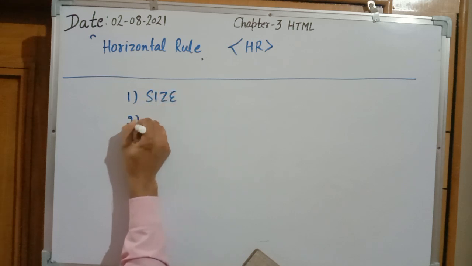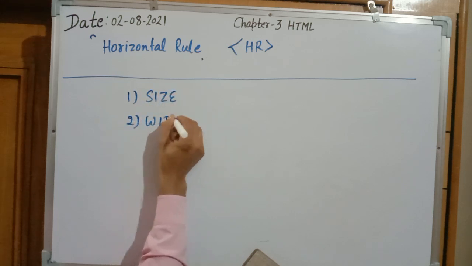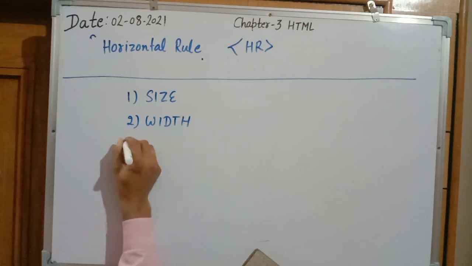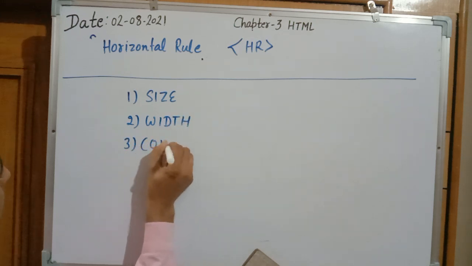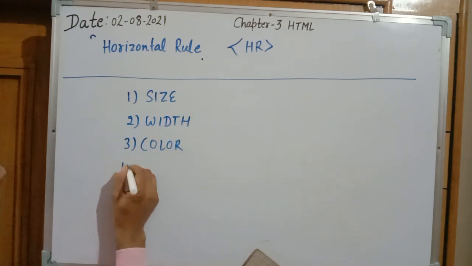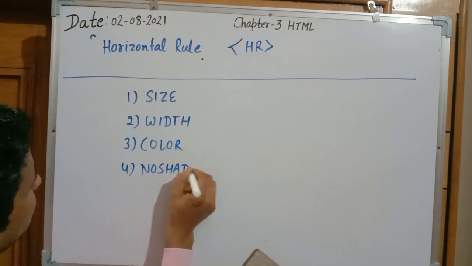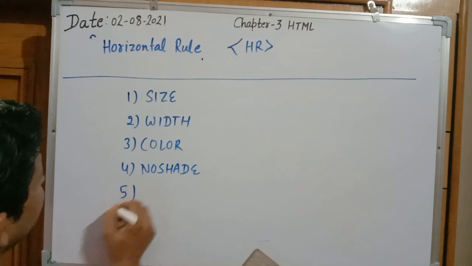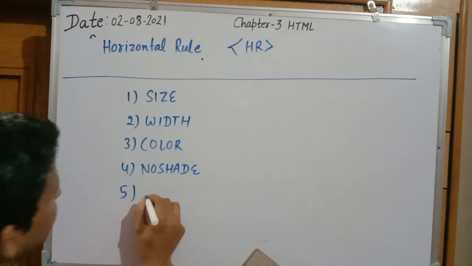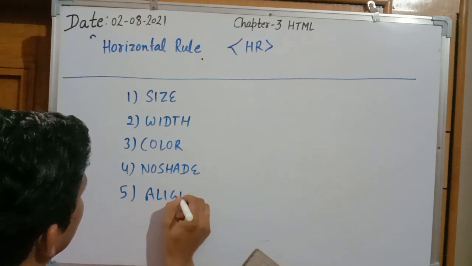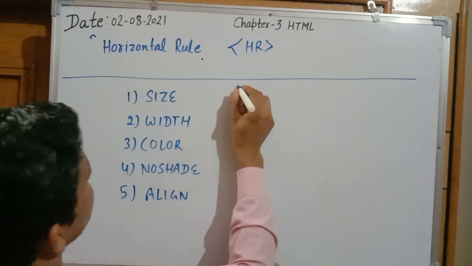Size, width, color, the fourth is noshade, and the fifth attribute that is given is alignment. So what is the value of size?